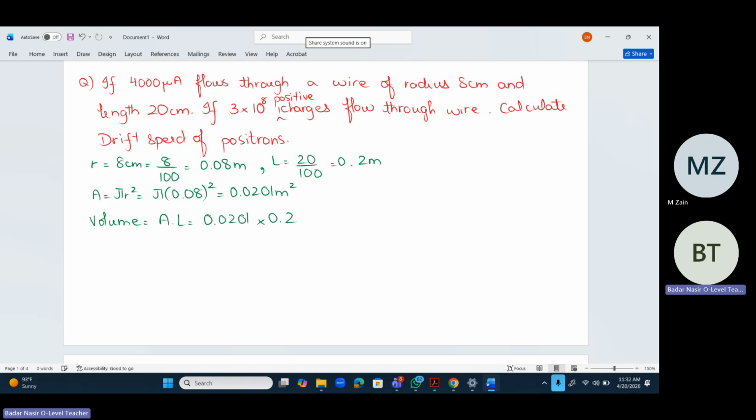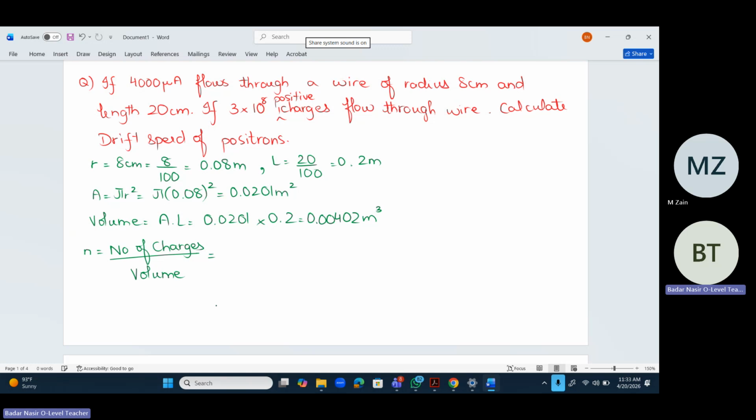Length is 0.2, so the volume is 0.000402 meter cube. Now we can find out the number density, number of charges, positive or negative, over the volume.